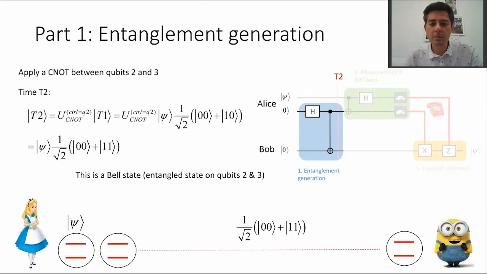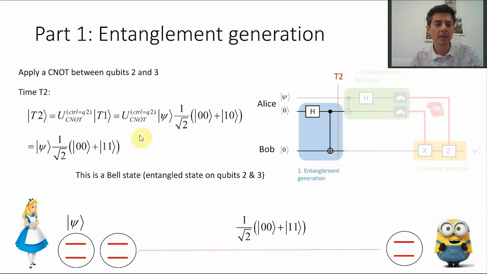Now let's go a step forward. What happens here is we apply a controlled NOT, where the control is the second qubit, and the third qubit, which is held by Bob, is the target qubit.